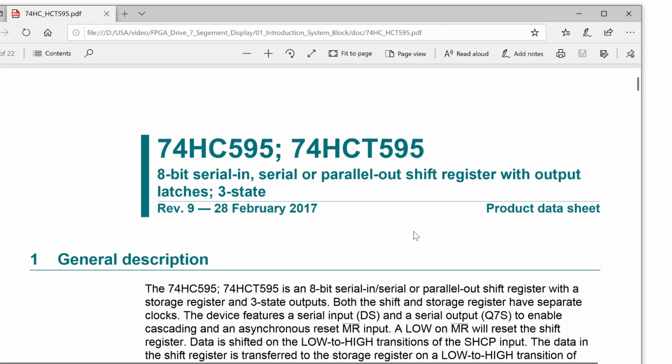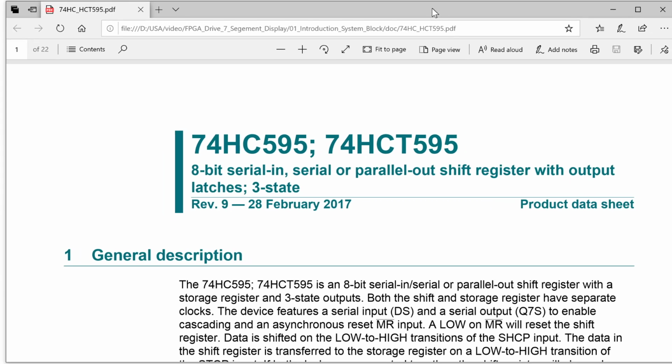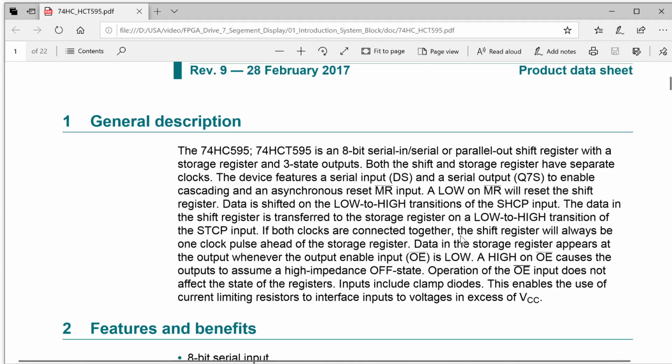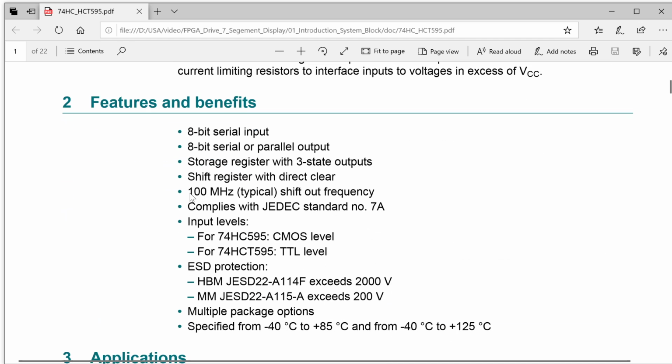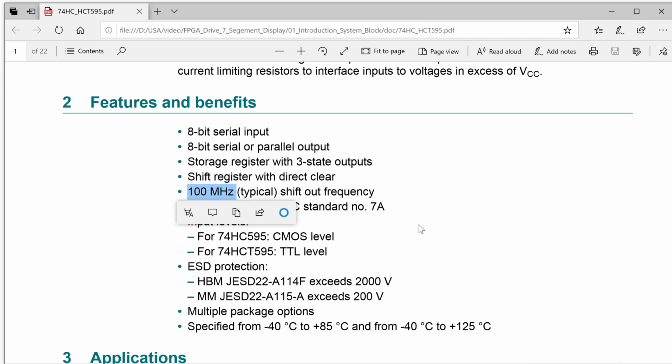For this data sheet, there are several things we need to focus on. The first thing is here: 100 MHz shift-out frequency. It means if your FPGA clock is less than 100 MHz, you can use it to directly drive this IC.